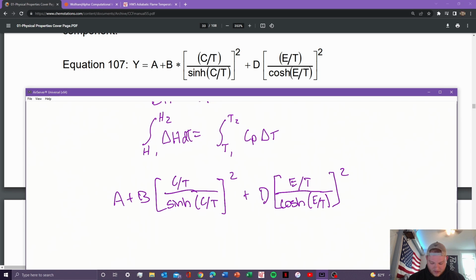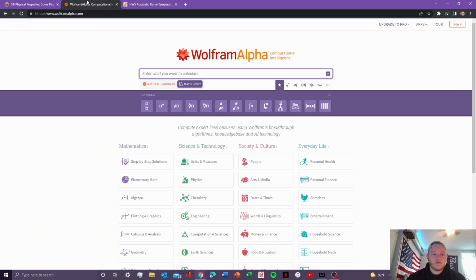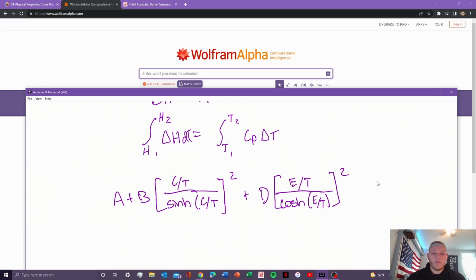We have A, B, C, D, and E, and these all correlate to different values, and we can go on Python and look at what those values are in the next part, and then we can get on Wolfram Alpha and integrate that, and we can code it up and solve for the change in temperature.